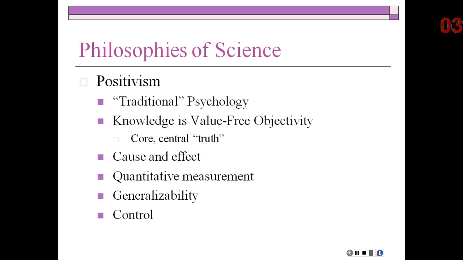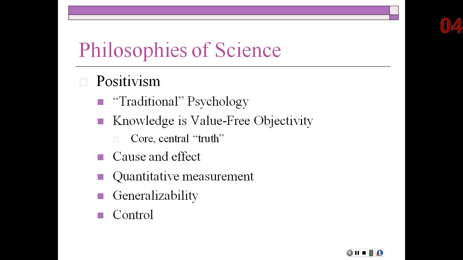So the way we do this is we identify cause and effect, we use quantitative measurement, and we identify cause and effect through manipulating variables and controlling variables, and really isolating variables to see which variable causes another. Now, this philosophy of science, as I said, is value-free, and assumes a value-free objectivity.